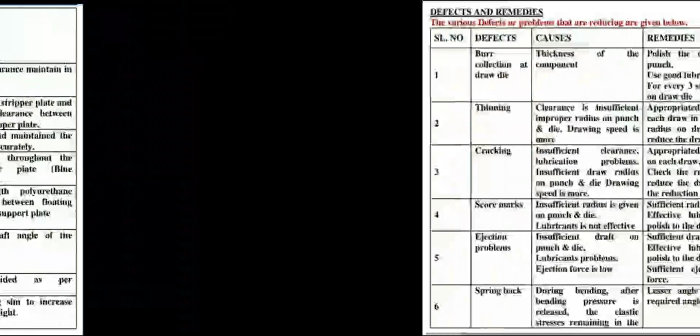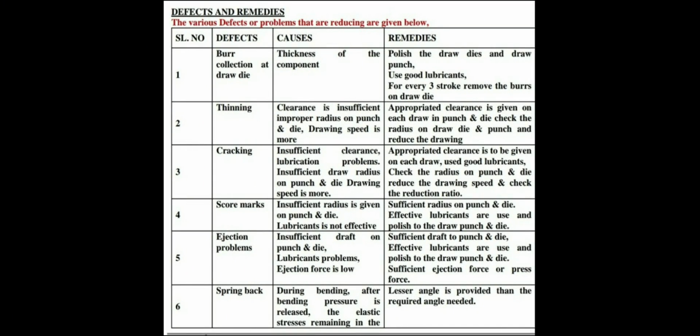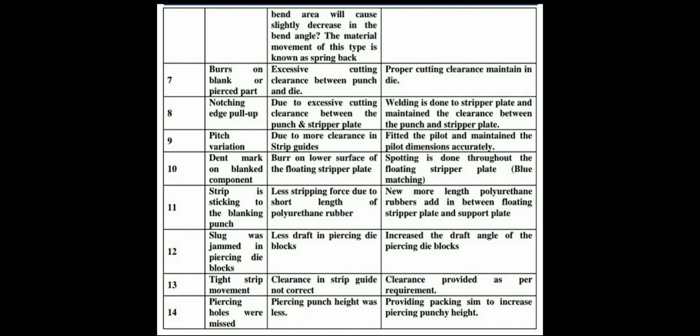Okay, we discussed total 14 types of defects: burr collection at draw die, thinning, cracking, score marks, ejection problem, then spring back problems, burr on blank or pierced part, the notching, edge pull up, pitch variations, dent mark on the blanked component, the strip is sticking to the blanking punch, so less stripping force due to the short length of the polyurethane rubber is the reason, then slug, then tight strip and the piercing.